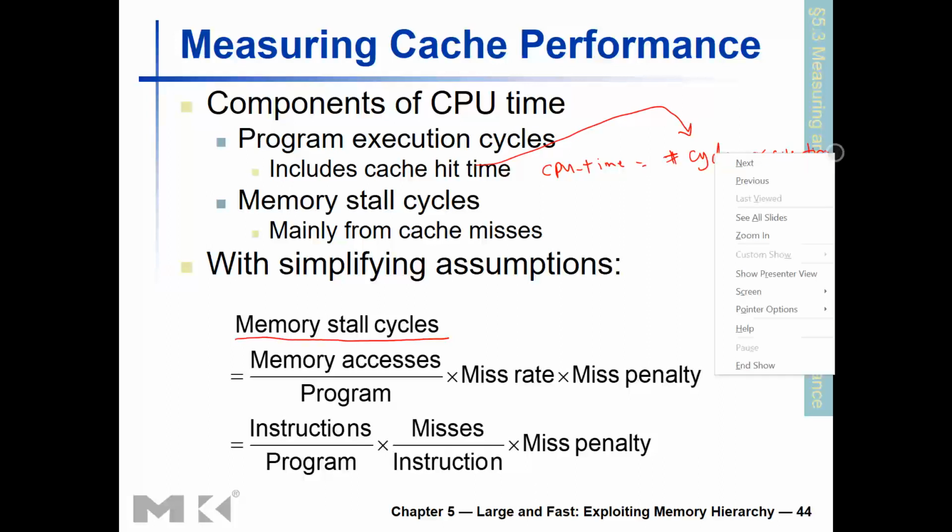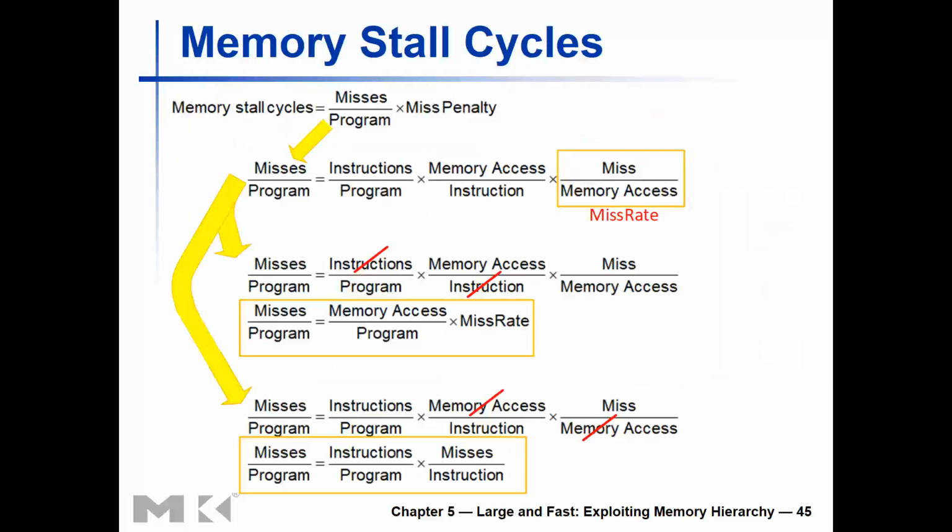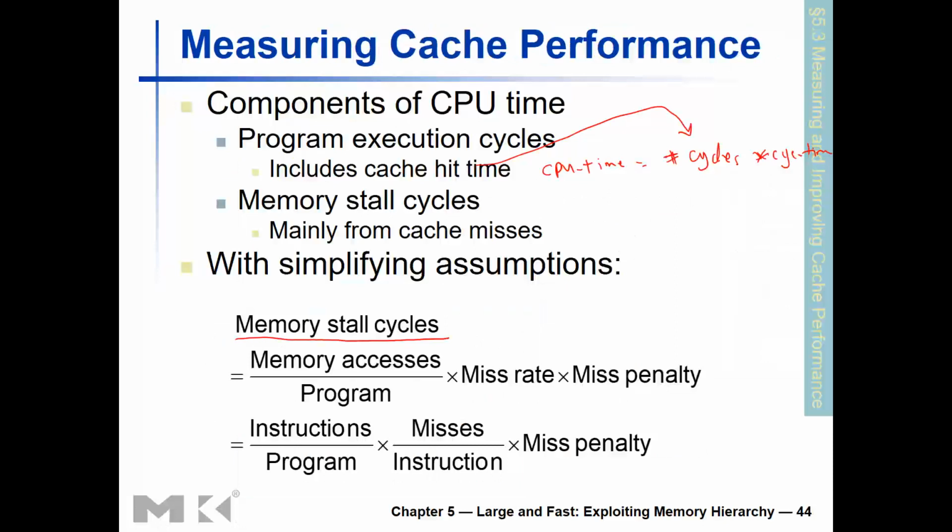Now if we have stall cycles, we need to add those stall cycles in addition to the execution cycles, because this is what becomes my real CPU time. So what are the stall cycles? How can we compute those?